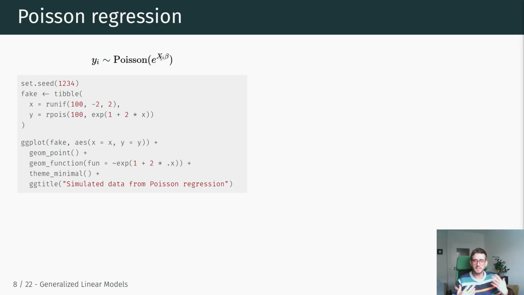Again, we need a link function similar to the logistic regression, but the link function that we're using here is the exponent. So we take e to the power of x times beta in order for our linear predictor to be strictly positive.